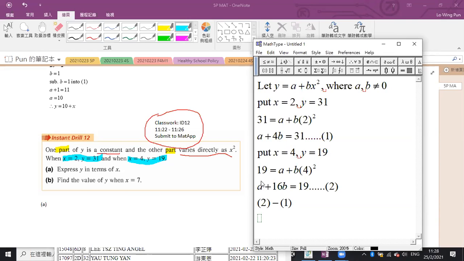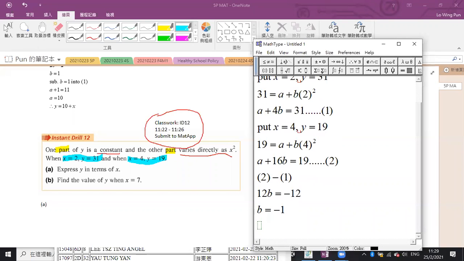This a minus a will be cancelled, and then we have 16b minus 4b, that is 12b. The right hand side is 19 minus 31, so that should be negative 12. So we have successfully removed the unknown a. What is remaining is just the unknown b, so we can calculate the value of b, that is equal to negative 1.